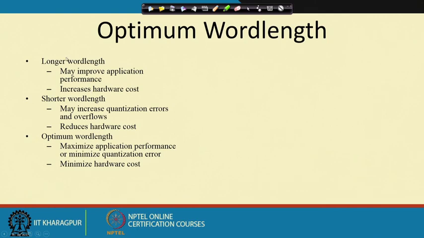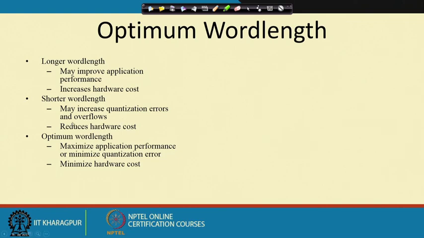Means what? If I choose a longer word length, the algorithmic error will be minimized, right? That is very much okay. But if I use a shorter word length, it will obviously reduce the hardware cost, but it may increase the quantization error. As we have seen in the example, for adding 2.5 with 3.35, I will get an error of 17% if I run that 100 times.